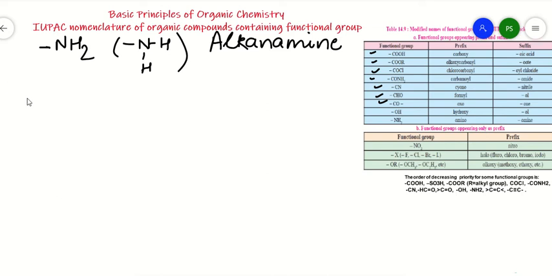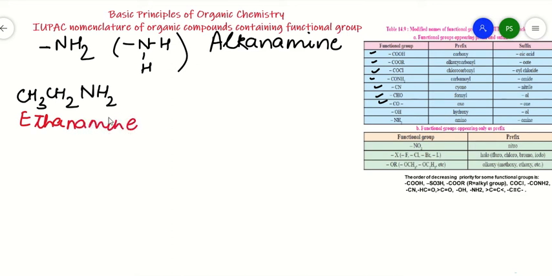So let's take some examples. If you have a compound like CH3, CH2 and NH2, the name would be ethanamine. Let's take one more example.